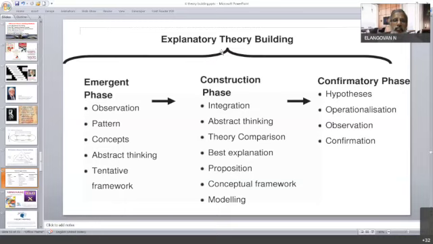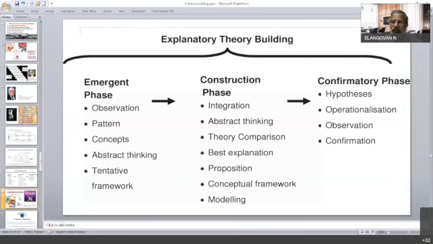So almost it's a kind of mixed method theory building. From observation, pattern, thinking, and conceptual framework, modeling, then hypothesis, then doing the confirmation. So this is a three-stage elaboration from scratch to the theory. The earlier ones are from theory to theory. This one is from scratch to the theory.